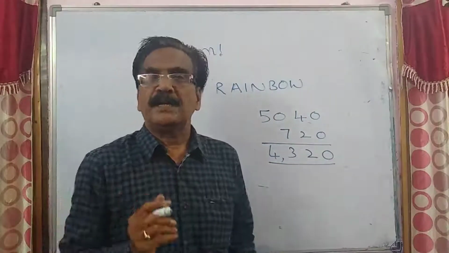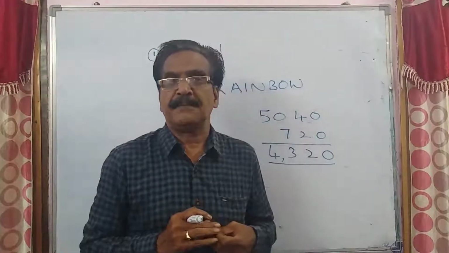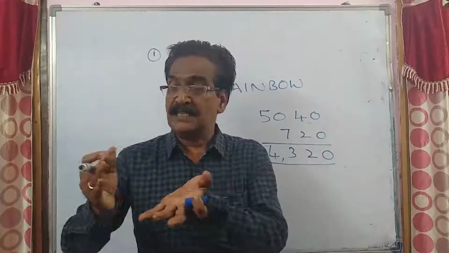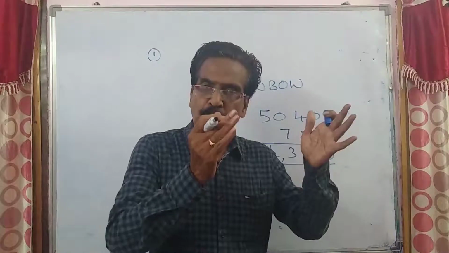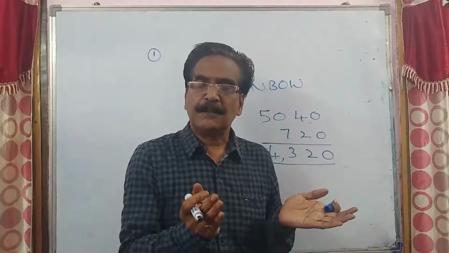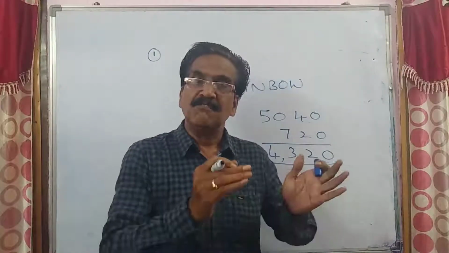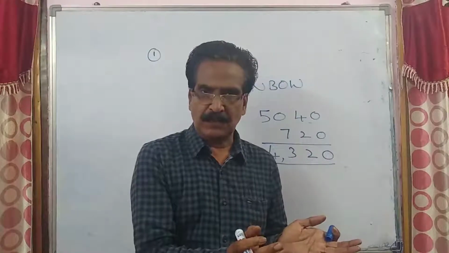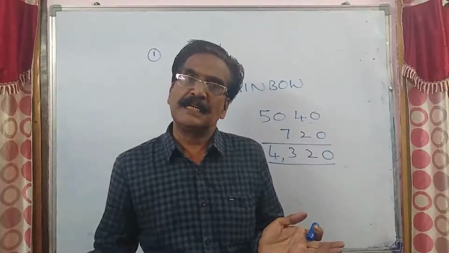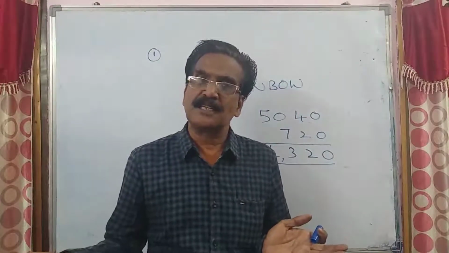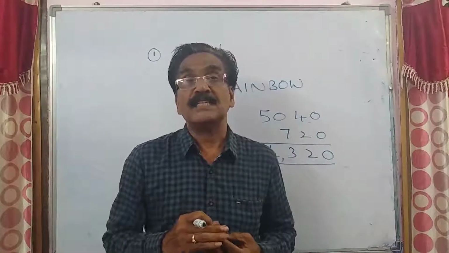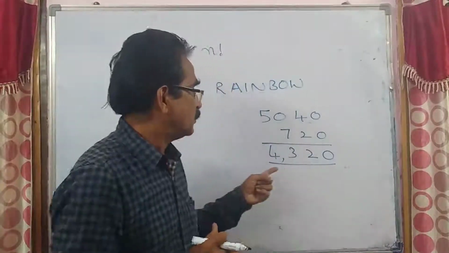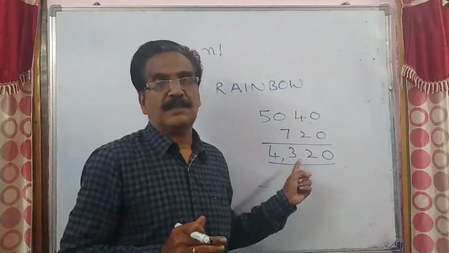So in how many ways can the rainbow letters be rearranged so that vowels never come together? Total permutations minus vowels come together gives us the arrangements where vowels never come together. So your answer is 4320.